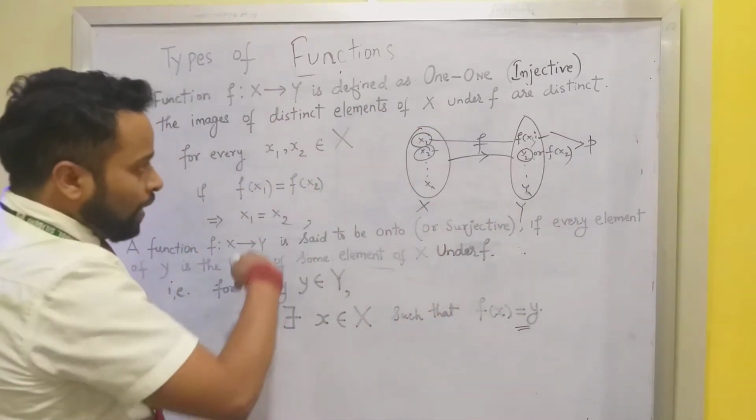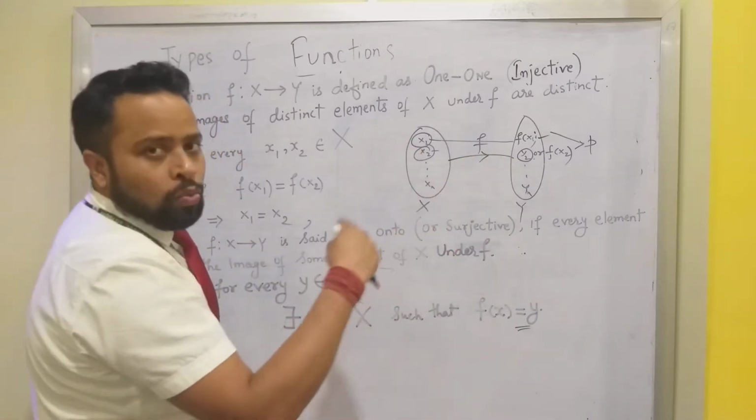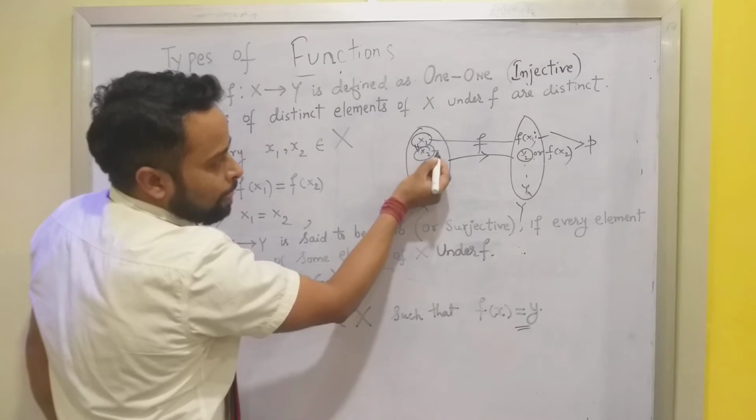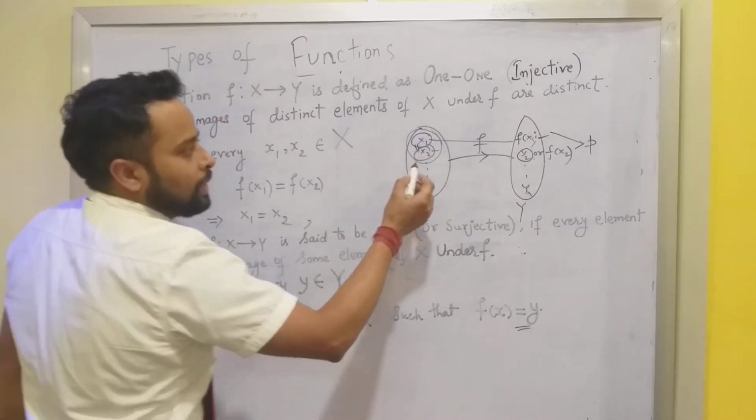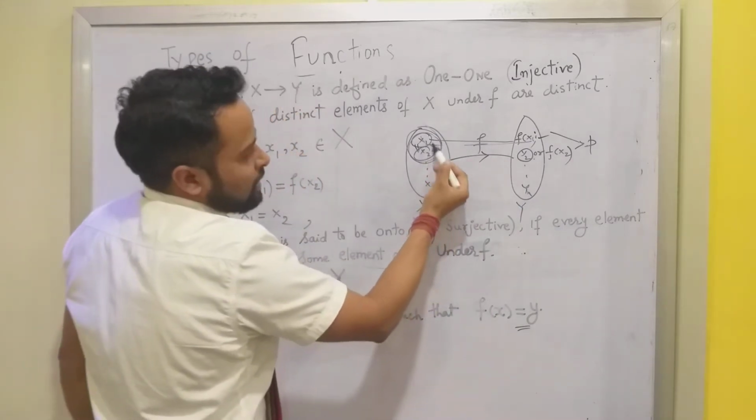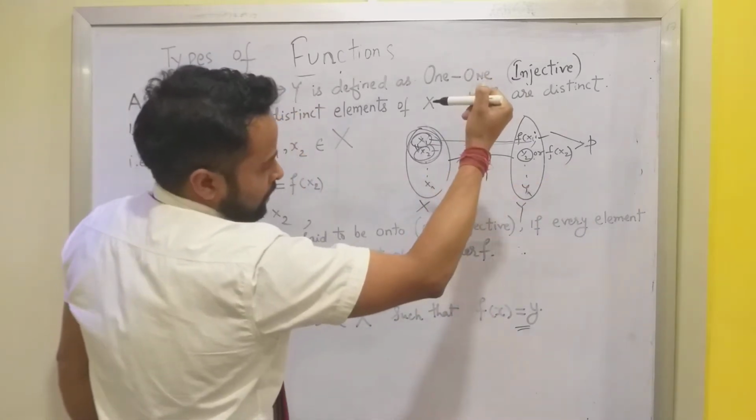But if I want to prove this many to one as 1, 1, then obviously x1 should be equal to x2. If these two are the same, then one element is making one image.